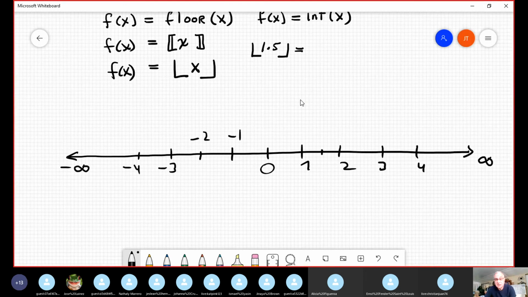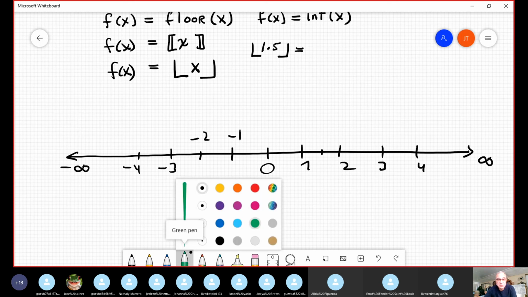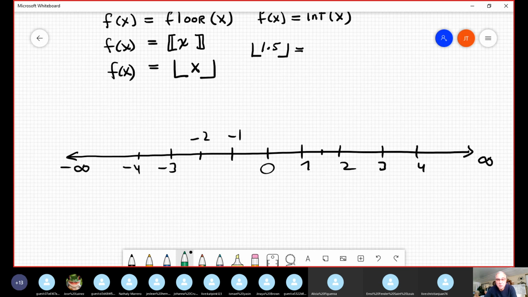This is the idea behind that function. It's the greatest integer. The integer numbers less than 1.5 are 1, 0, negative 1, negative 2, negative 3, negative 4, negative 5, and so on. An integer is a number with no fraction and no decimal.